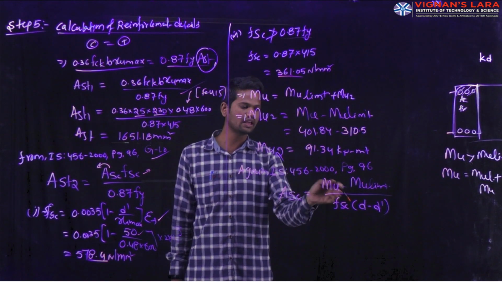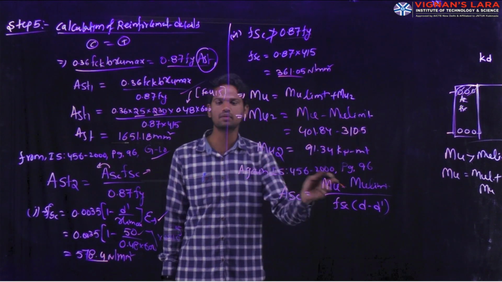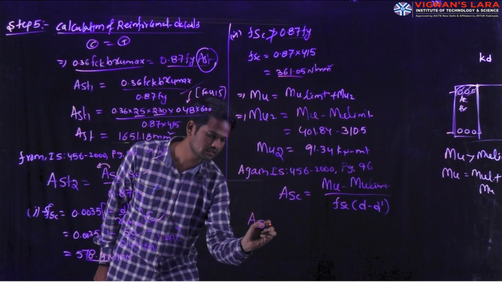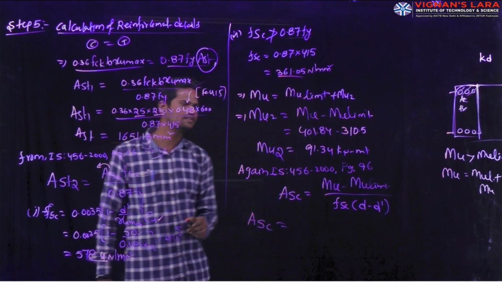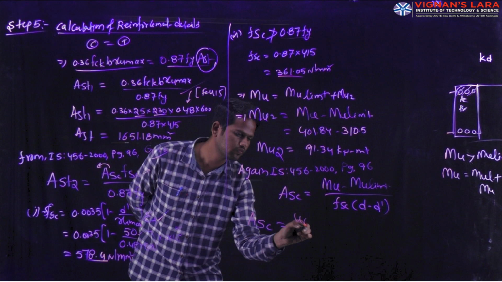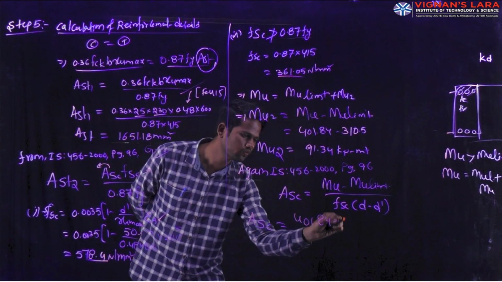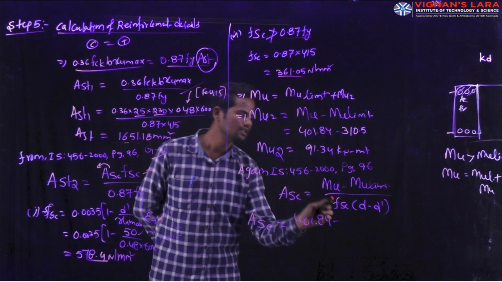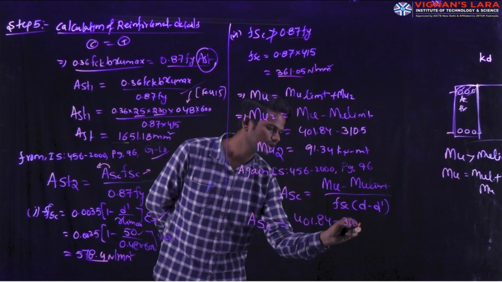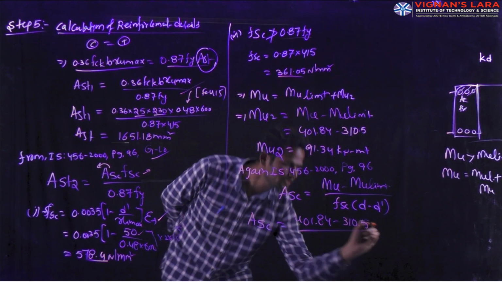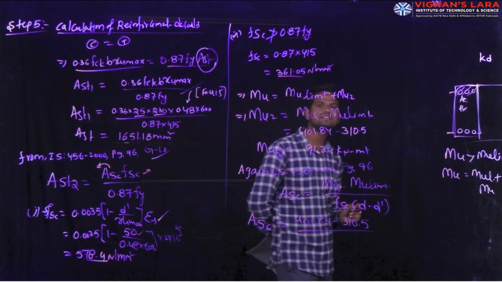In this area of the steel for the compression reinforcement, all the parameters we know. I am calculating ASC equal to the additional moment acting on the beam, 401.84 minus the limiting moment of the beam, 310.5 kilonewton meter, divided by the stress in steel.